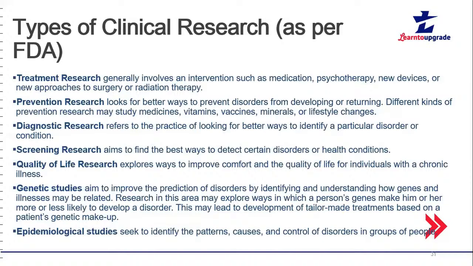The last few, apart from genetic, are mostly observational types of studies, where we are observing a certain quality of life, or in an epidemiological study, a certain pattern in a particular group of people, such as how Indians have different behavior towards a particular drug compared to Americans or the Chinese. Hence you are doing an epidemiological study and you provide a particular result. So that is also part of clinical study only.